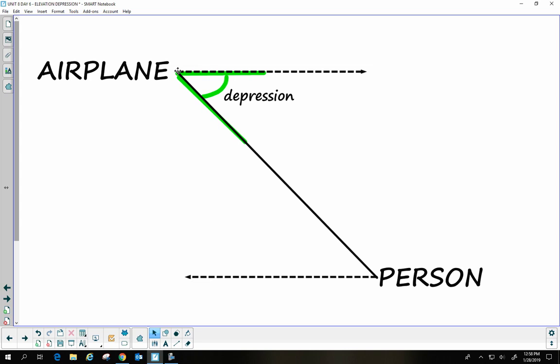It's caused by looking out horizontally and then looking down. This person, if they're standing looking towards the plane horizontally, and then they decide to look up at the plane, that's called an angle of elevation.